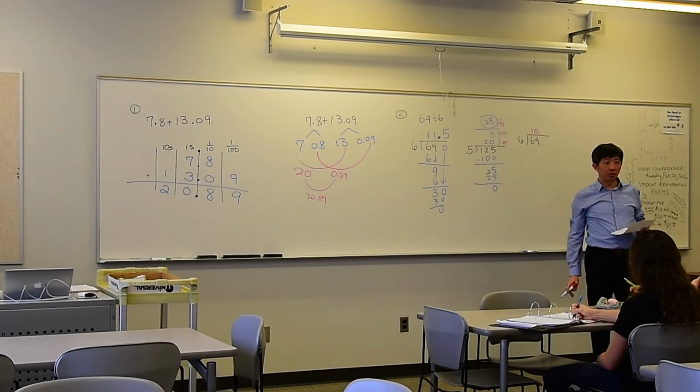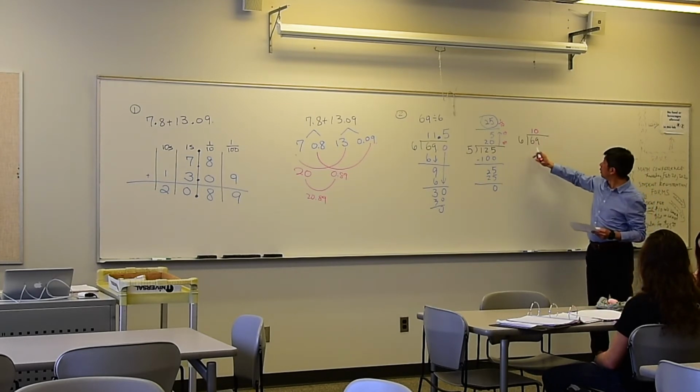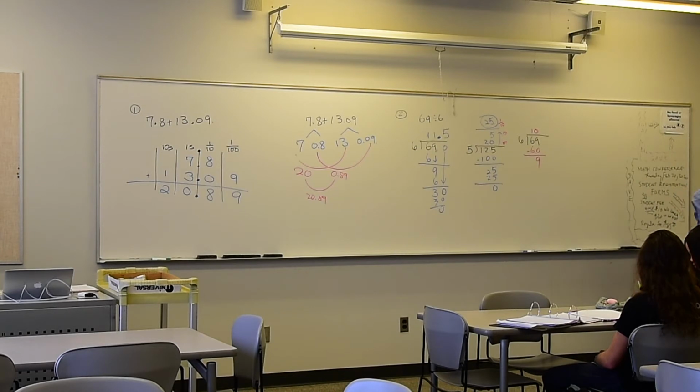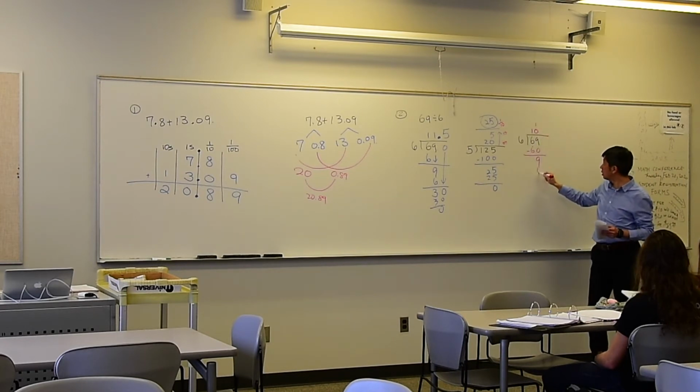So now we start with tens, right? So therefore, we get 60, is that right? So now we have a 9. 69 minus 60, which is 9, right? So what's the next number we have to fill in? 1, yes. Now 6 times 1 is 6. So we have 3 left over, right?